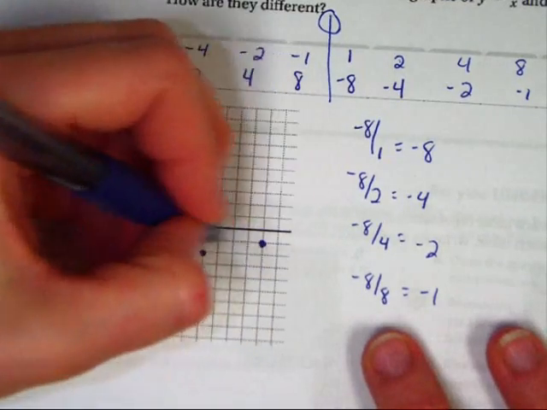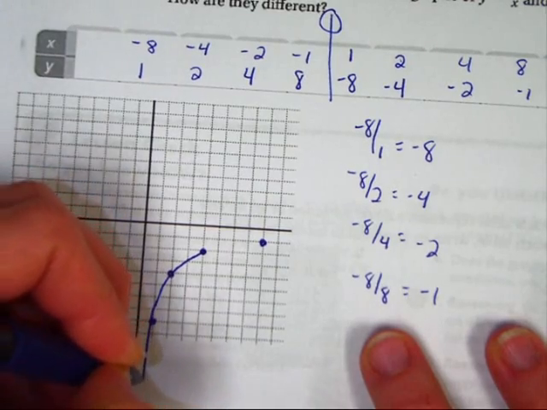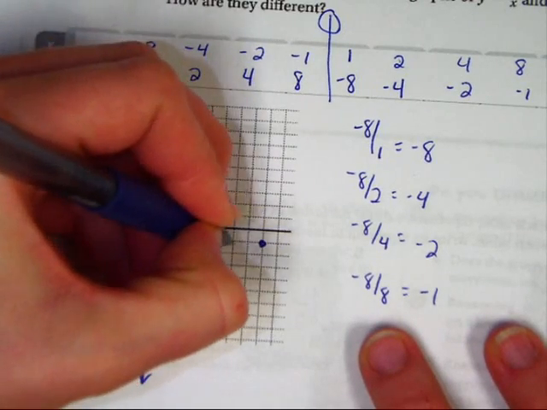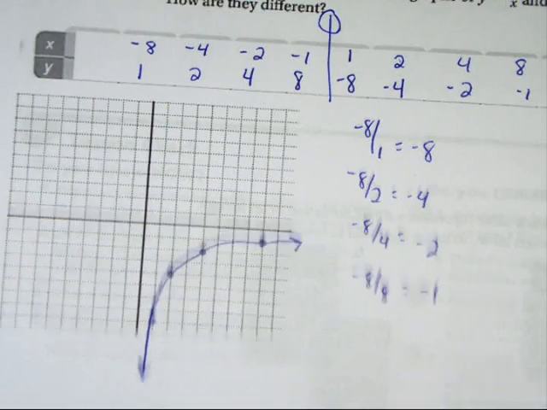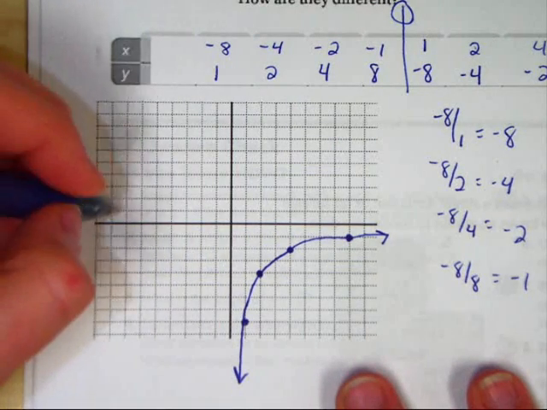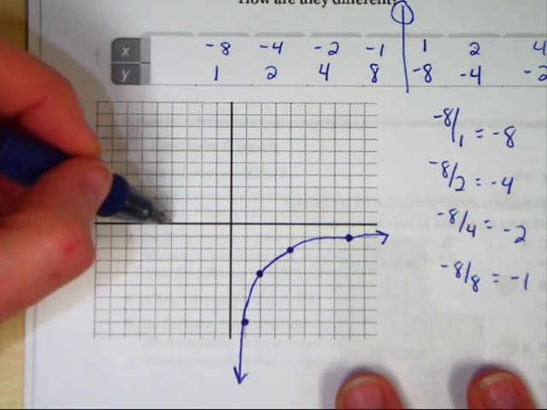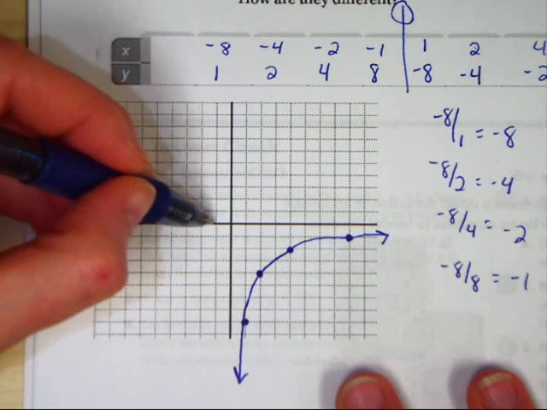Pause the video if you haven't caught up to me yet. We're going to graph these and we're going to notice that once it approaches the axes, both axes, it will never touch either one. Do the next thing and go left 8 up 1. Left 4 up 2.